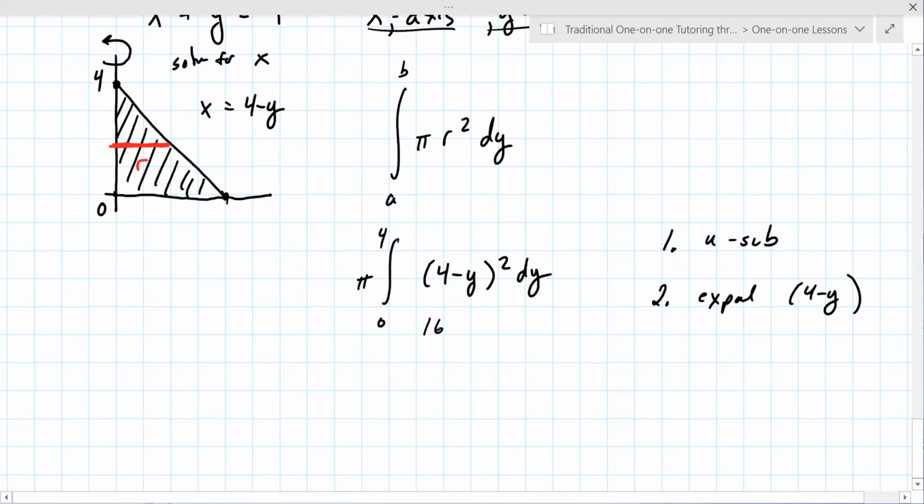So 4 minus y times 4 minus y, first 16, then minus 4y minus 4y plus y squared. So then 16 minus 8y plus y squared. That's right. Yeah. Okay, so you got to integrate that: 16y minus 4y squared plus y cubed over 3.